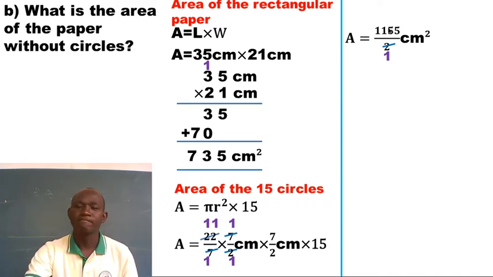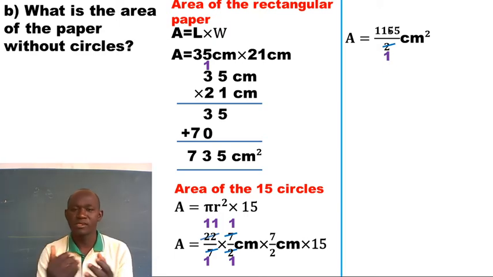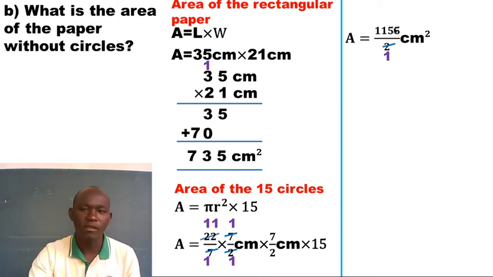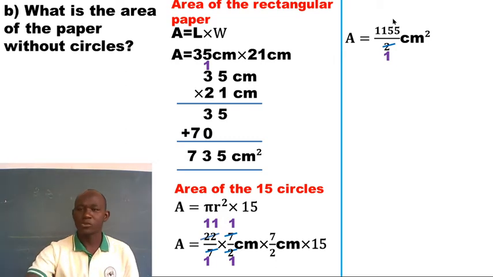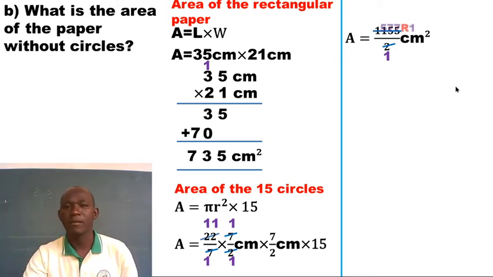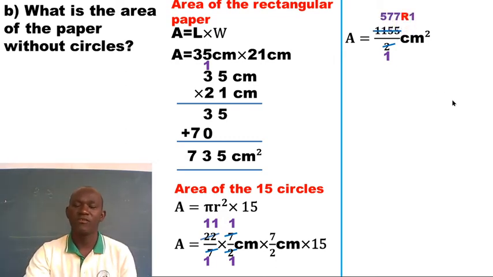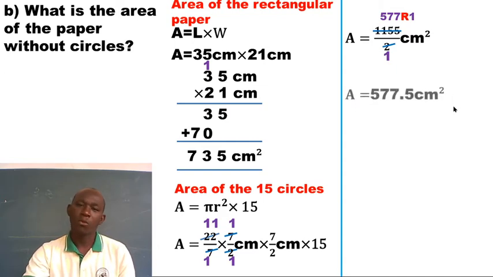15 divided by 2 will give me 7, 7 times 2 is 14. Still the remainder will be 1. Bring that 1 here to make 15 again. 15 divided by 2 will give me 7, and the remainder is 1. So at the end, what do I come up with? 577, remainder 1.